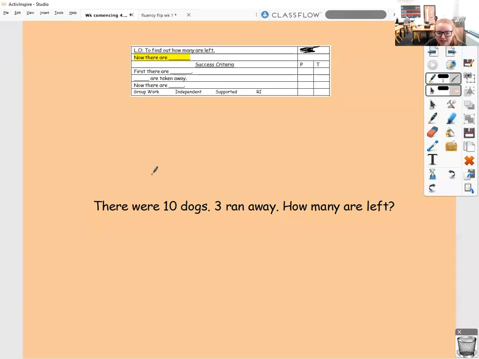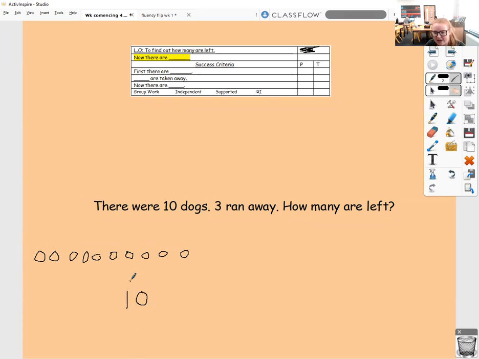Fantastic. Okay, so let's start with, first there were 10 dogs. So to help me figure this out, I'm going to draw my 10 dogs. I'm just going to draw circles. 3, 4, 5, 6, 7, 8, 9, 10. So first there were 10 dogs. So I'm going to write that in a number sentence. I know that I'm going to write my 10 first because that's what I'm starting with.